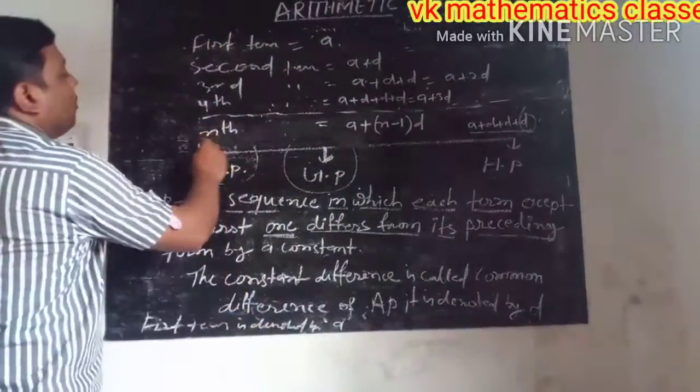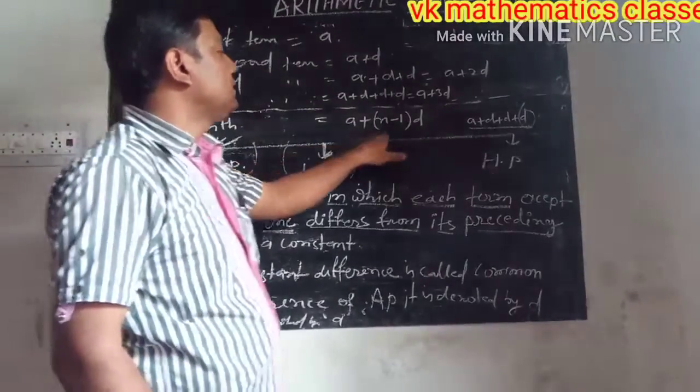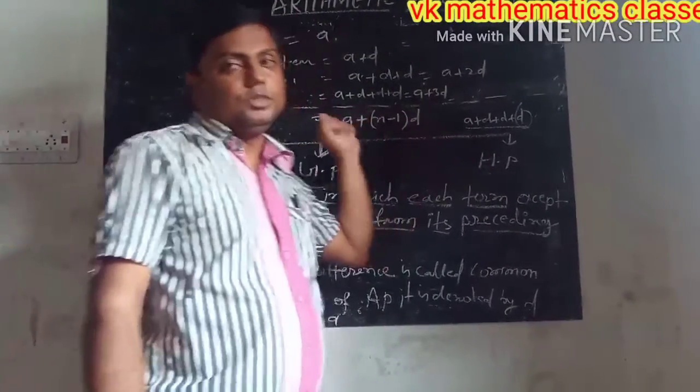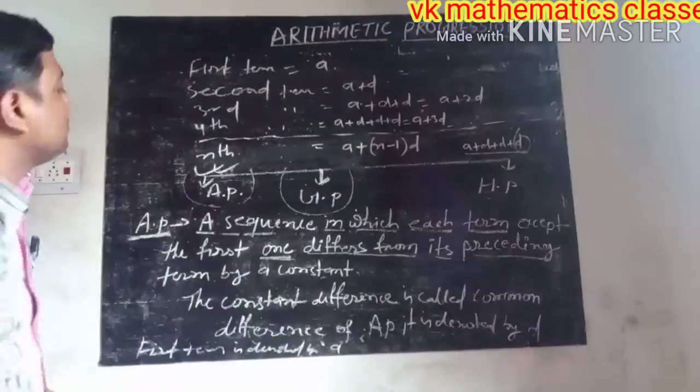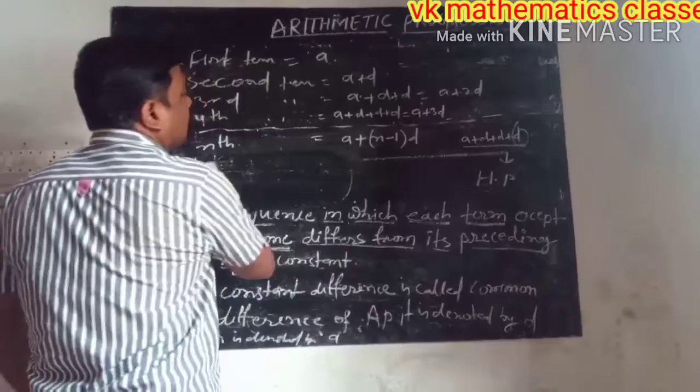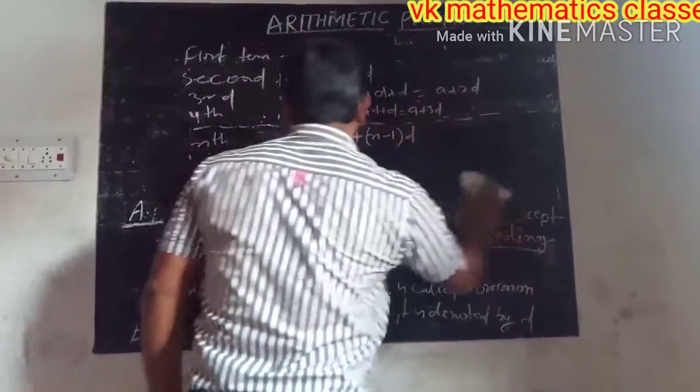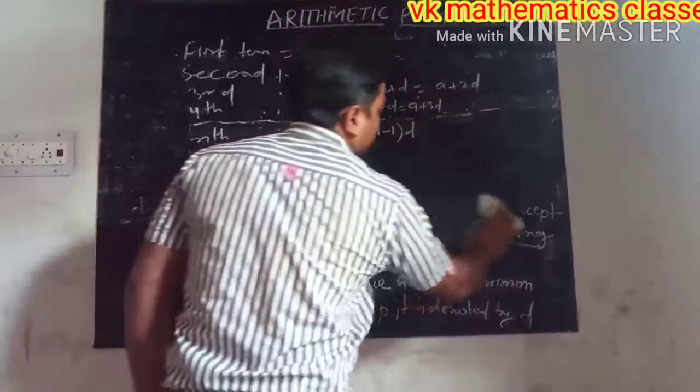So the nth term of an AP is a plus n minus 1 into d. The question arises: if a and d are given, then find the term.